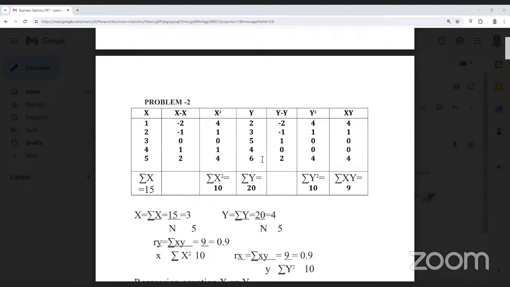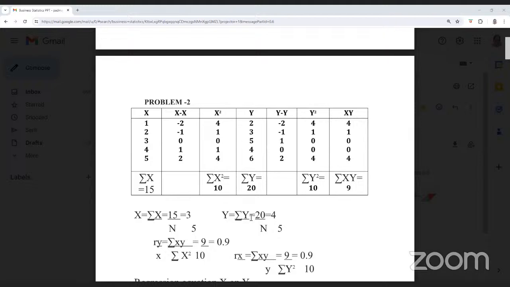Next is y. Y will also be given. So here 2, 3, 5, 6, 4 are the values of y. When we total it, sigma y is equal to 20. Okay. So for y minus y mean, first you have to find the mean value.